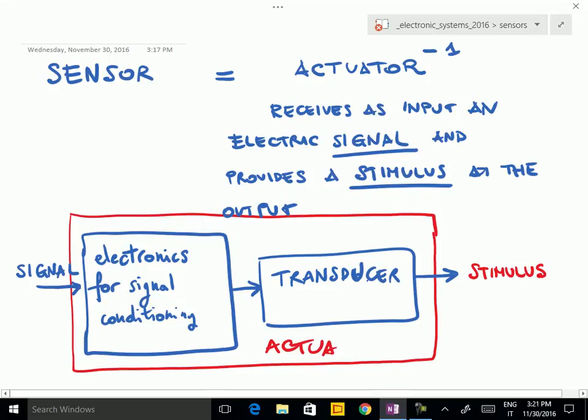Of course, in terms of blocks, the actuator is very similar to the sensor, but the similarity ends there because the types of transducers are of course very different, and also the type of electronics is very different depending on the application.